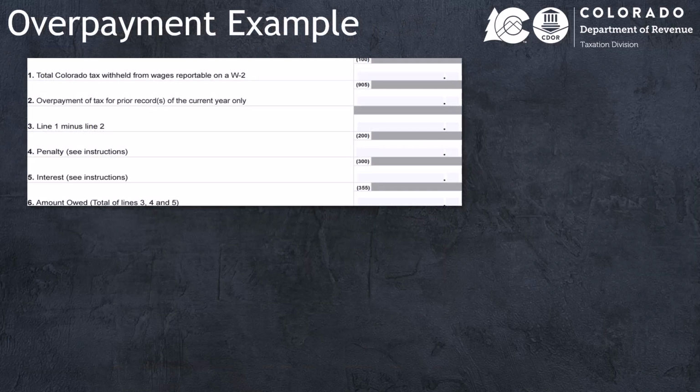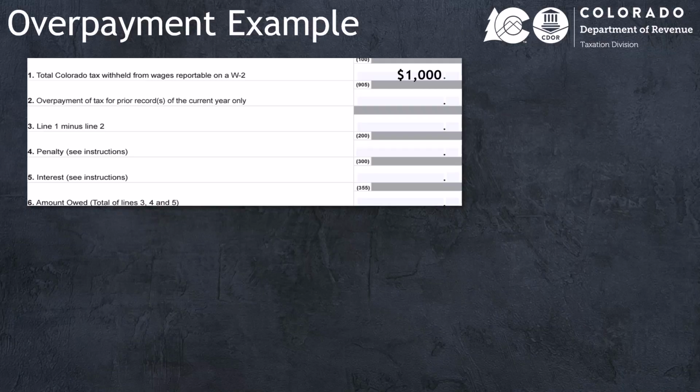On the DR 1094 tax return, Line 1 is the total Colorado taxes withheld for the filing period. Line 2 can be used to account for prior period overpayments in the same current calendar year. Line 2 cannot exceed Line 1. In other words, a claim for an overpayment to a previous filing period cannot exceed Colorado taxes withheld for all subsequent filing periods.